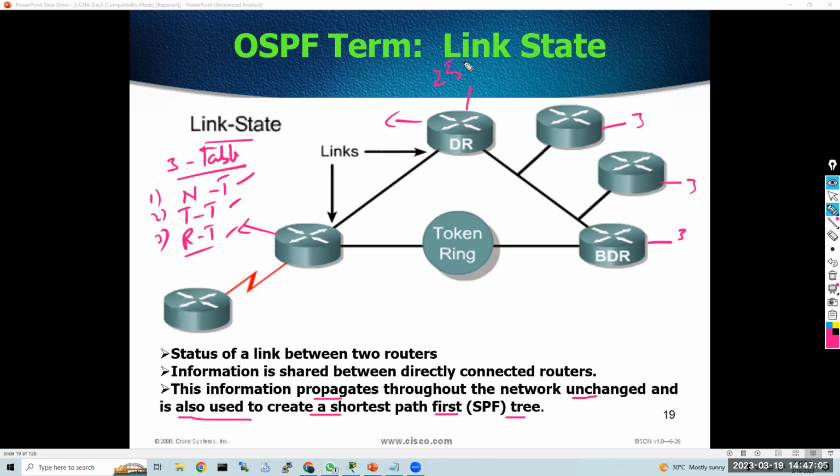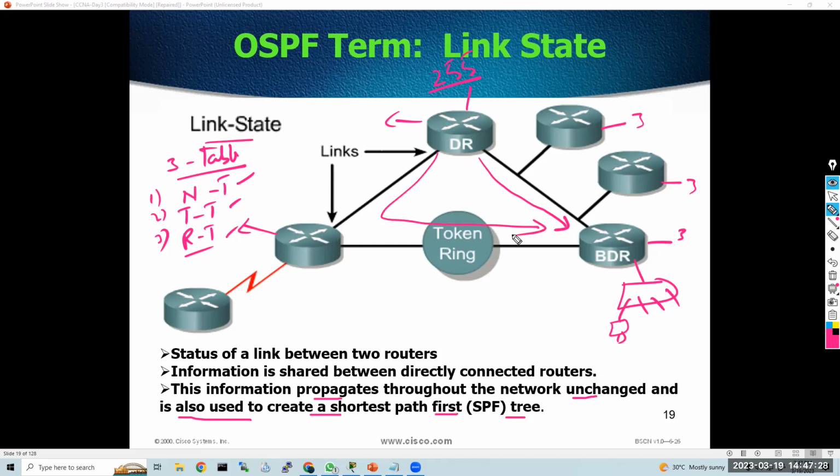Now suppose a lot of networks are connected. Say, for example, you are going to connect 255 PCs. One network is running a lot of servers, web servers, exchange servers. You want one of these PCs to communicate with them. So how is it going to select the path? It could go this way, or it could go this way as well.